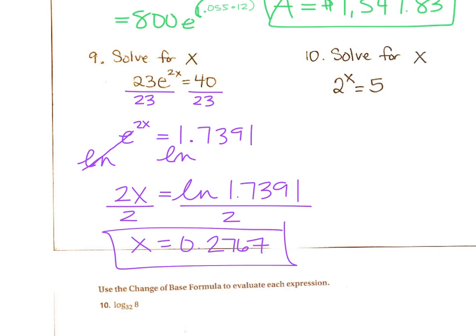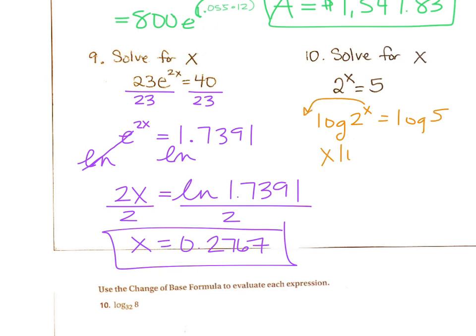All right, next one here. When we are doing 2 to the x equals 5 and solving for x, if you recall, if we take the log of both sides, basically we're saying the log of 2 to the x equals the log of 5, and then we take this x and we move it out in front.